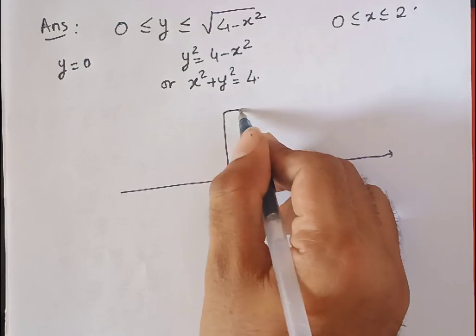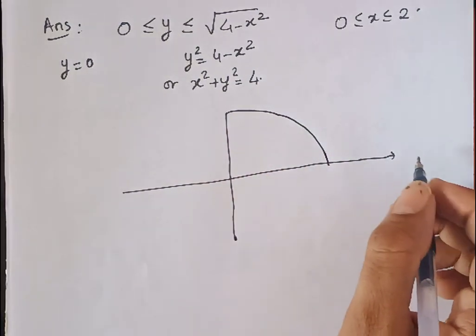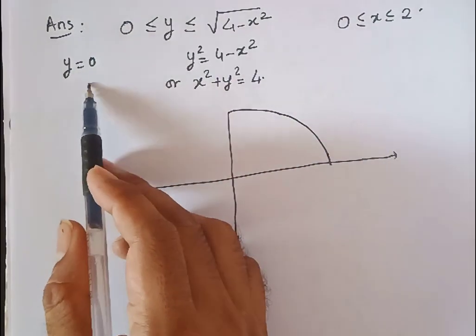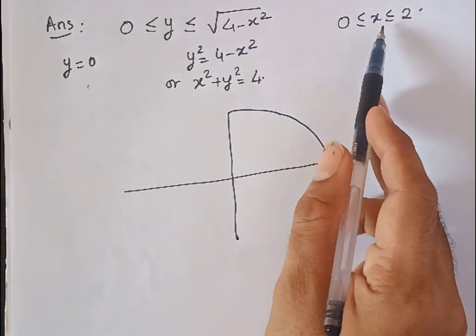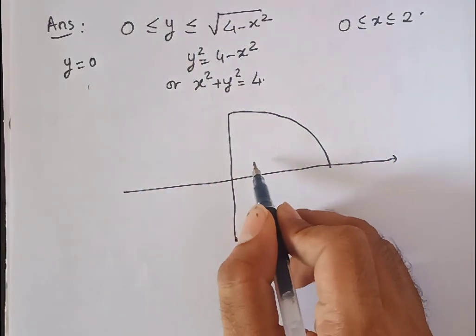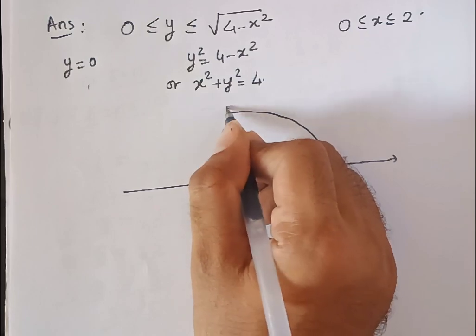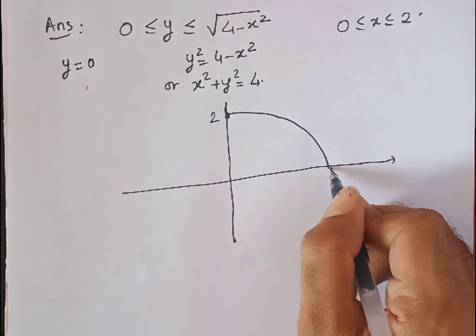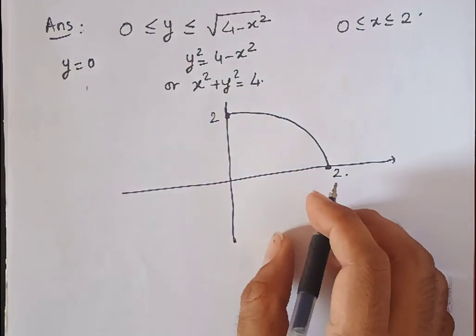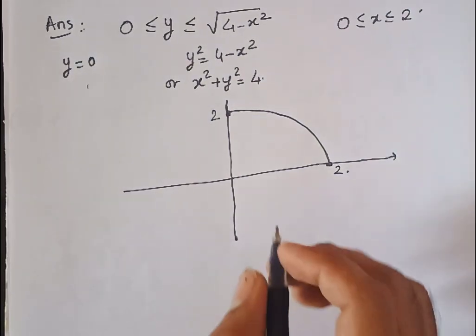That means we are considering everything in the first quadrant because y is greater than 0 and x is greater than 0. So our region of integration will be in the first quadrant and this circle is of radius 2. So we want to make use of polar coordinates now.